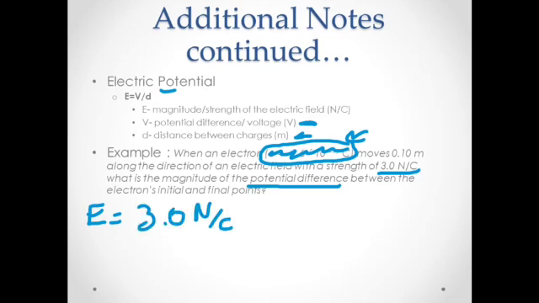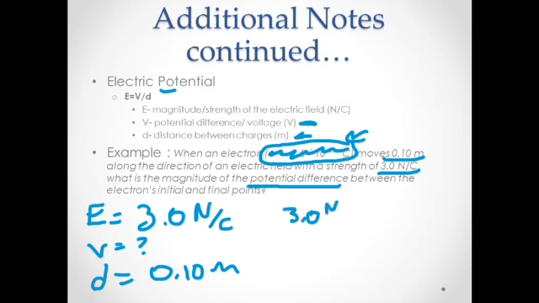And then we are looking for the voltage, because that's the potential difference. The question is, what is the magnitude of the potential difference? And we know the distance, which is right here, 0.10 meters. And then we can plug that into our equation. So that's 3.0 newtons per coulomb equals V divided by 0.10 meters.